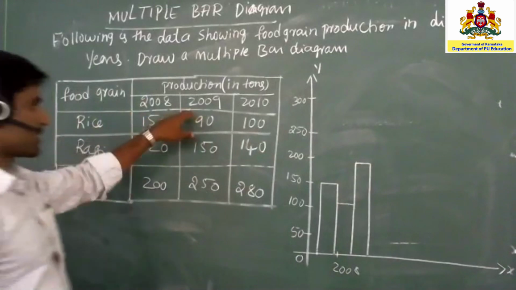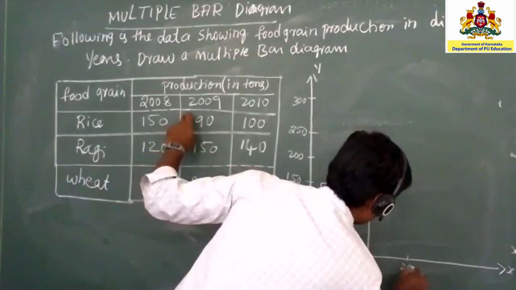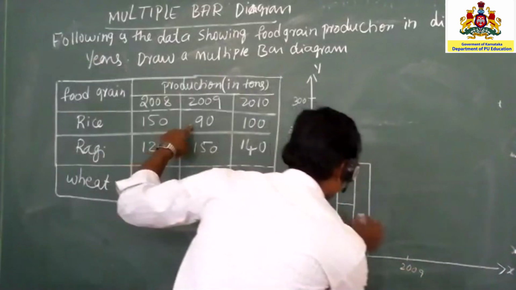Next is 2009. In 2009, the rice value is 90, just below 100.